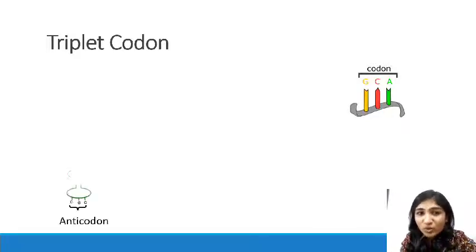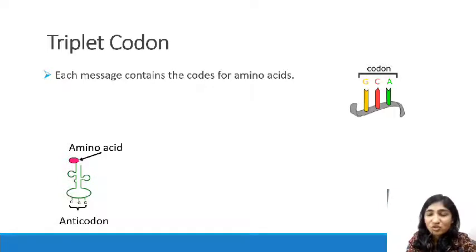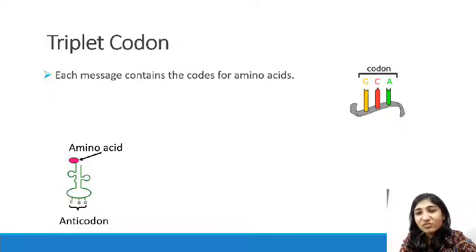But what is a codon? Look at the definition. Each message on the messenger RNA passes the coded message, which contains the codes for amino acids.